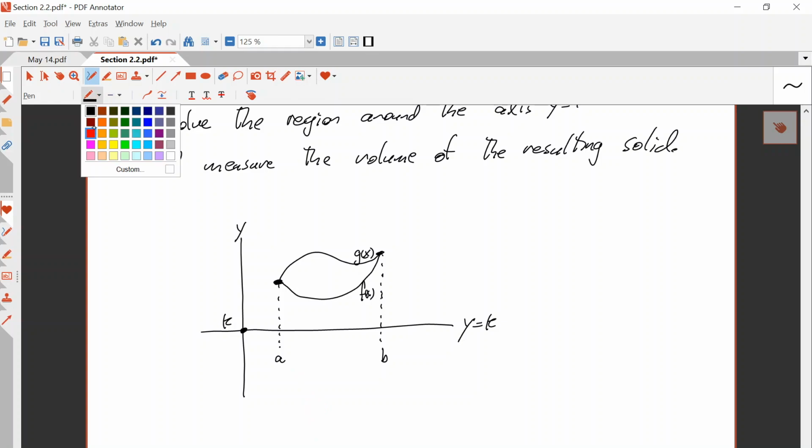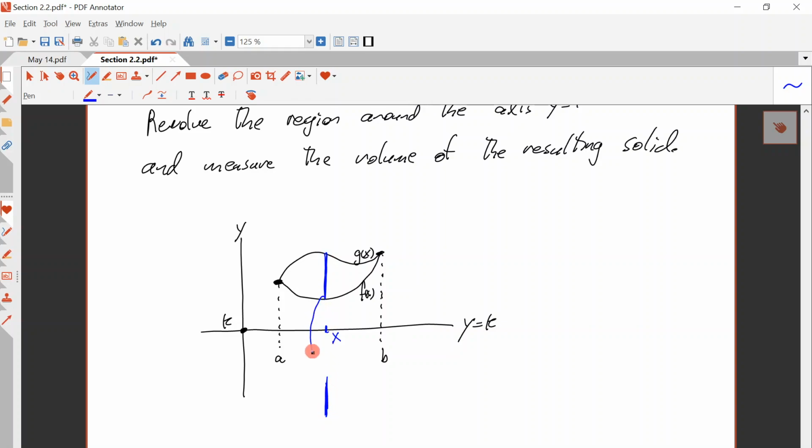What does the cross-section look like? So a cross-section at x is going to look like this. See that? Yeah, that's a nice way to draw it.